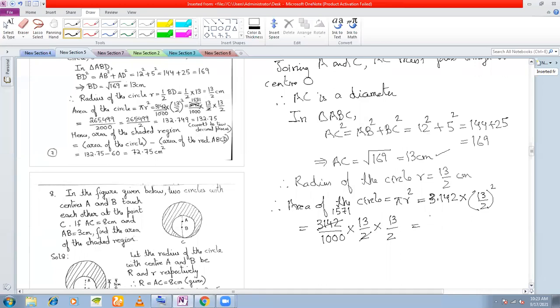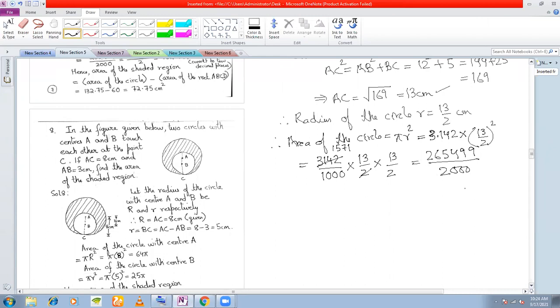So if you multiply 1571 into 13 into 13, you will get 265,499 divided by 2000. This is what you are getting. Now, how do you calculate this? Because you have zeros in the denominator, it is very convenient to calculate. How do you calculate? 265,499 divided by 2. You calculate this first and divide it by 1000.